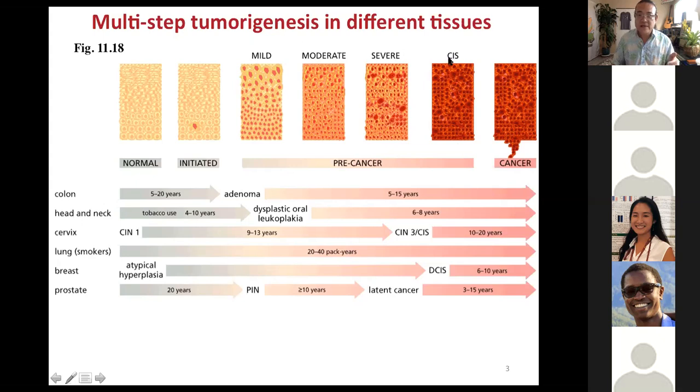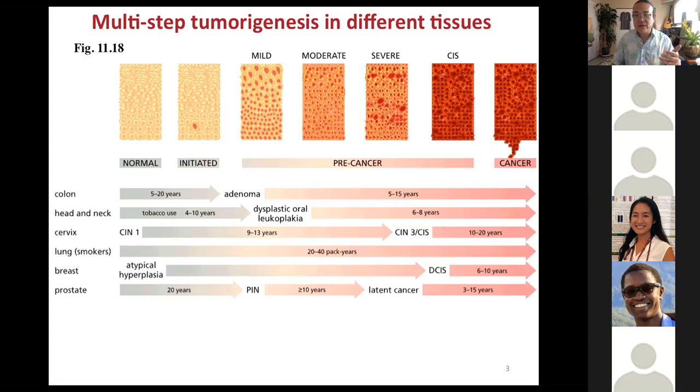So CIS refers to cancer in situ. That means cancer in place. At this point, the tumor is still in its original site in the tissue. It really becomes cancer when these cells, for example epithelial cells, gain the mutations to break free of that confinement.